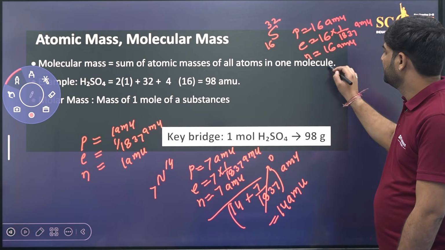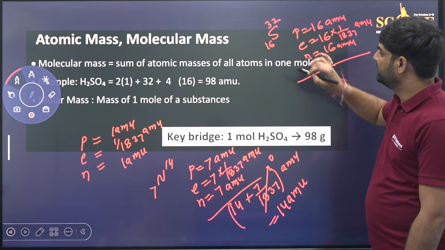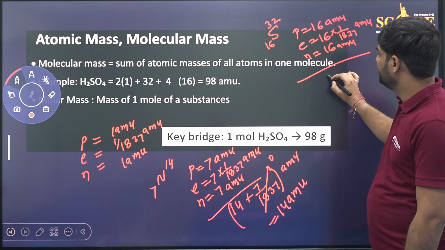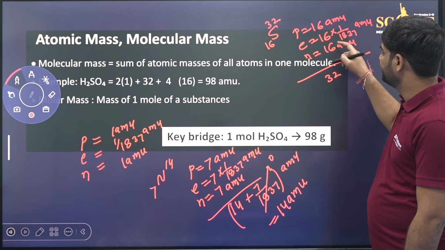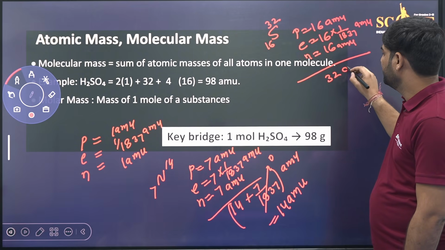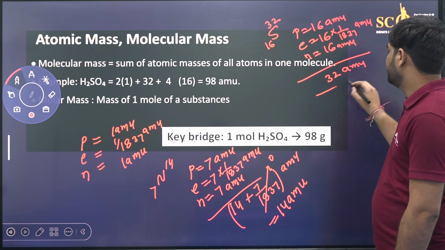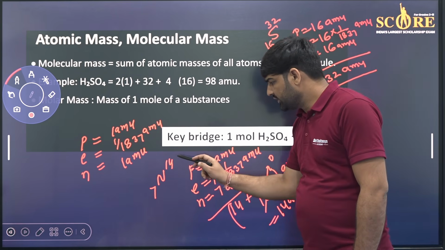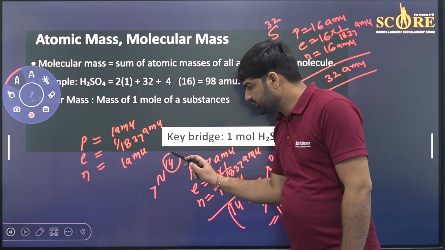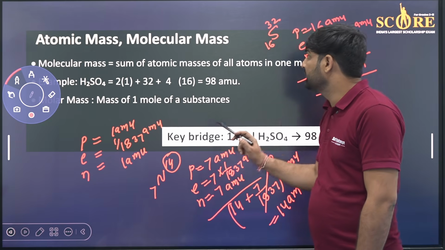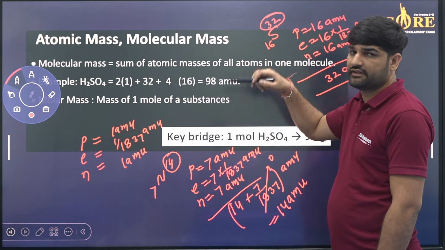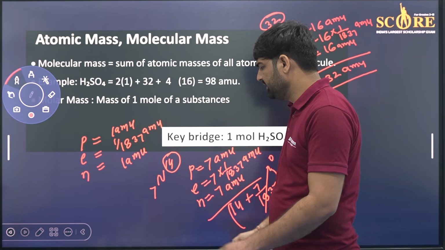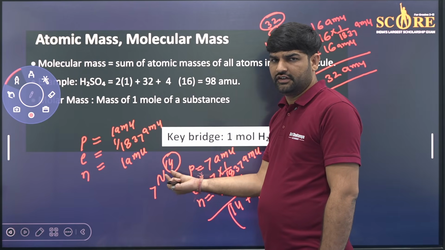Then you calculate the entire mass of this atom. This will be this plus this plus this. Then this will be 32 plus something, and something can be neglected. It means we can say 32 amu. It means if there is a mass number of 14, then we can say 14 amu. If there is a mass number of 32, then we can say 32 amu. It means the mass of a single atom will be this number multiplied by amu.